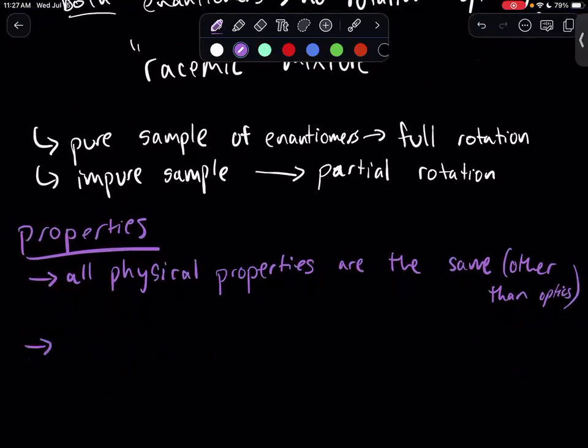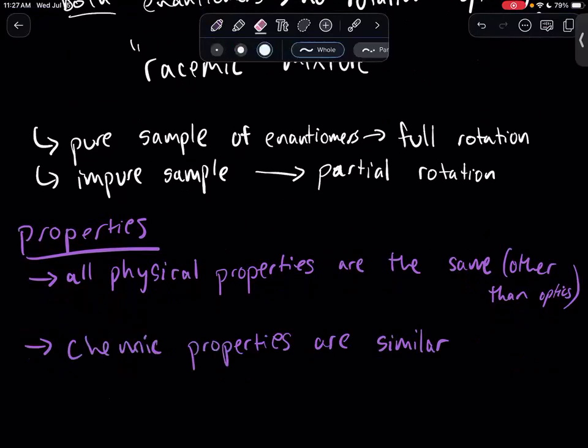For the chemical properties, they're also the same. Whoops, I just realized I didn't even spell chemical. Chemical properties are similar as well.